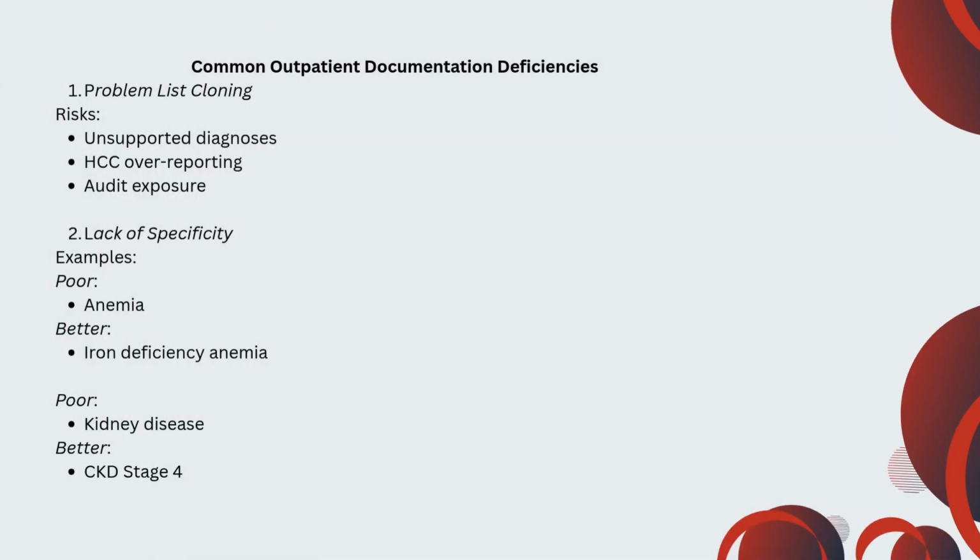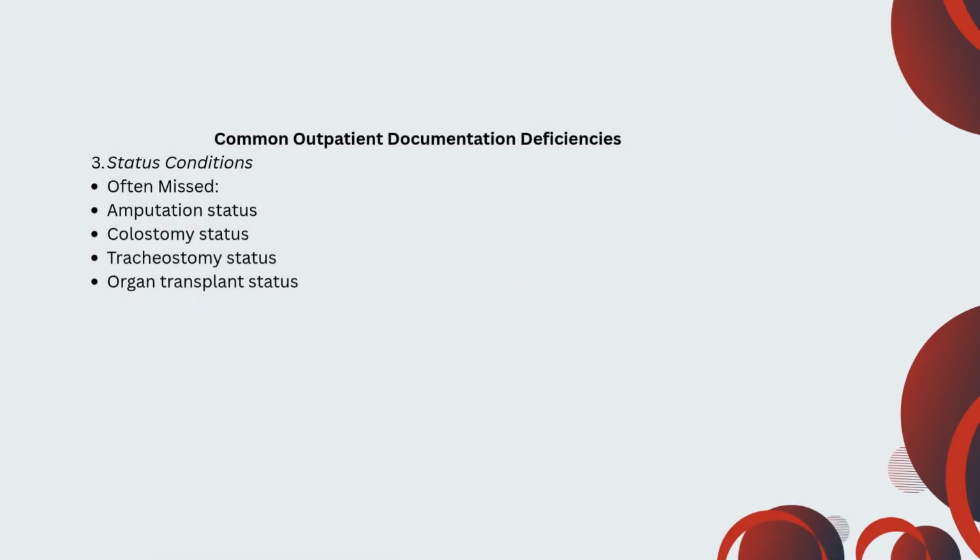Common outpatient documentation deficiencies. 1. Problem list cloning. Risks: unsupported diagnoses, HCC overreporting, audit exposure. 2. Lack of specificity. Examples: instead of "anemia," document "iron deficiency anemia"; instead of "kidney disease," document "CKD stage 4." 3.